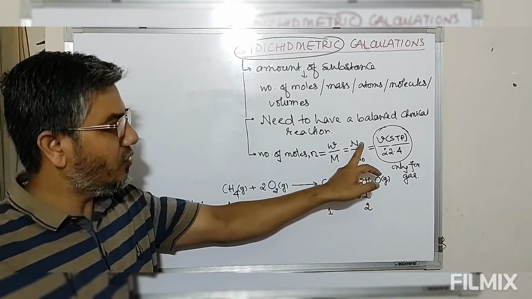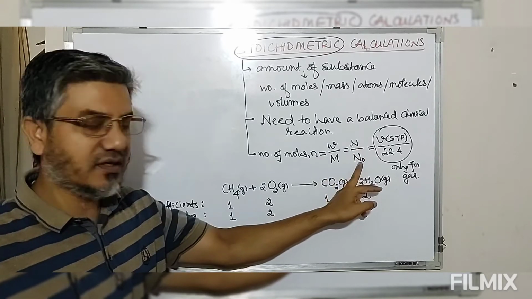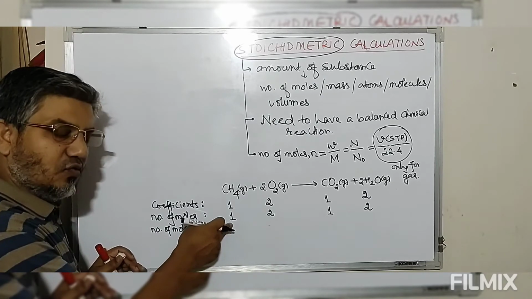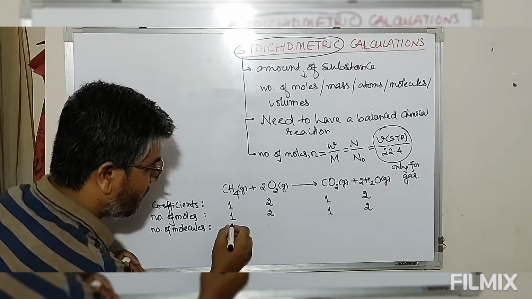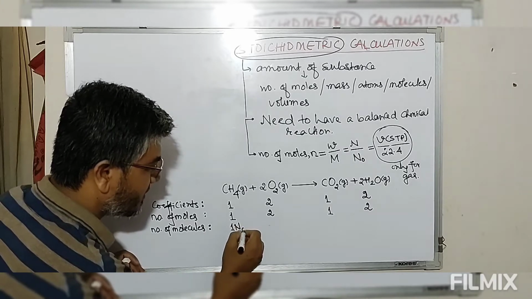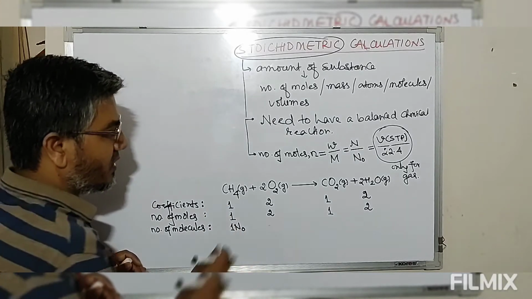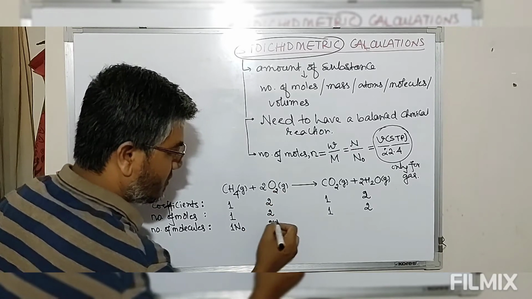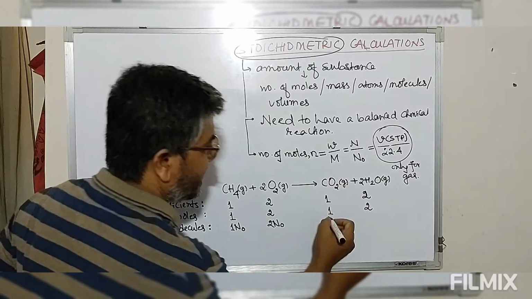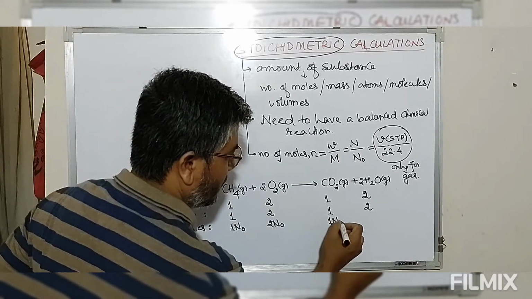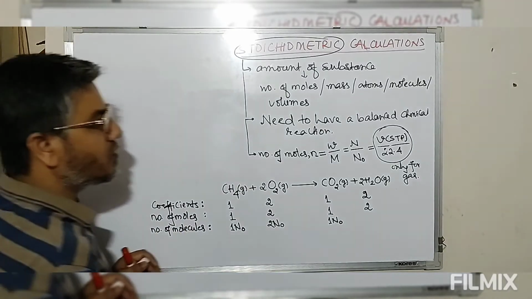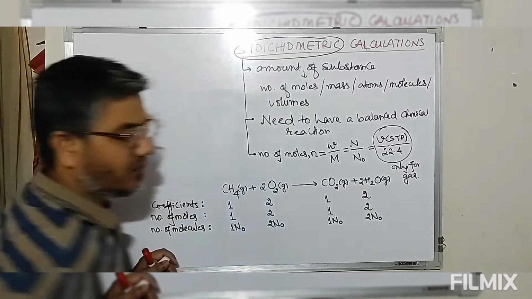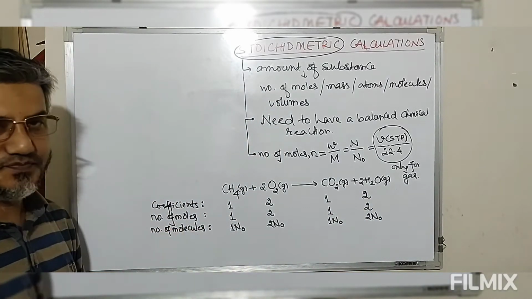So the number of molecules is the number of moles times Avogadro number, or simply, 1 mole contains 1 Avogadro number of molecules. Therefore, the number of molecules of CH4 reacting is 1 Avogadro number, oxygen is 2 times Avogadro number, carbon dioxide formed is 1 Avogadro number, and water formed is 2 times Avogadro number. So this is in terms of number of molecules.